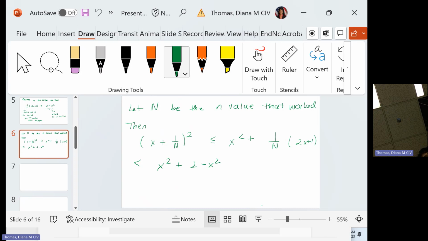Oh, it's so fun when you have x squared and minus x squared. You can just cross those out. And you get that this is less than 2, or it's actually equal to 2.